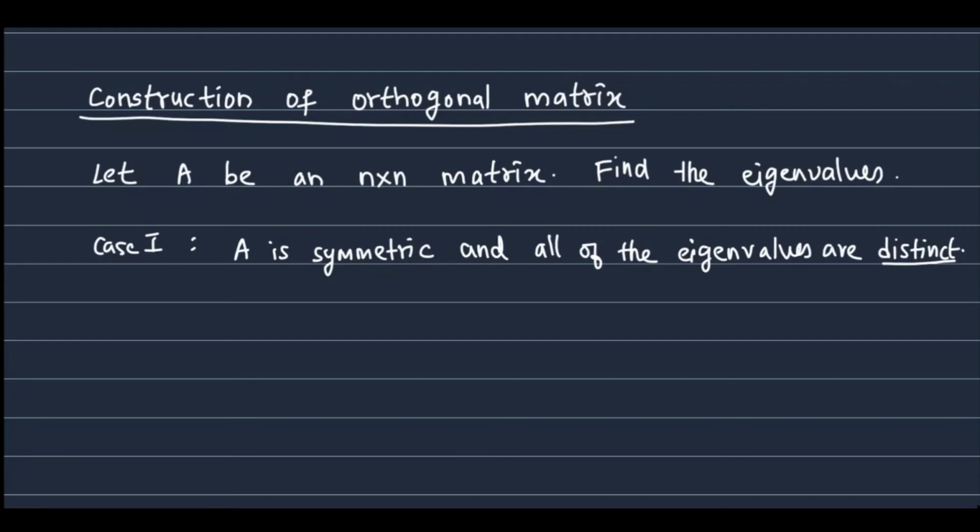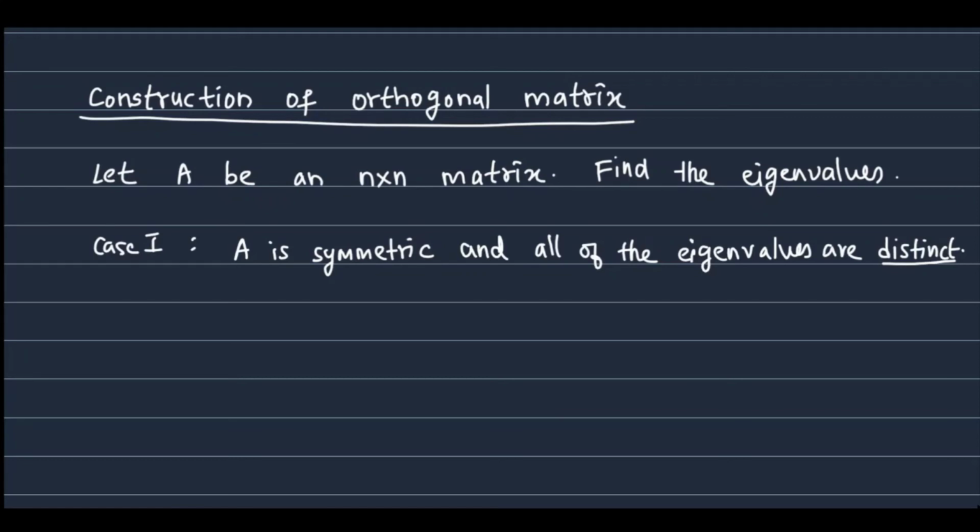So we will get an orthogonal set of vectors. Now, to get orthonormal vectors, we will divide the vectors by their corresponding norm. So we will get a set of orthonormal vectors. And by writing these vectors as columns, we will get an orthogonal matrix.